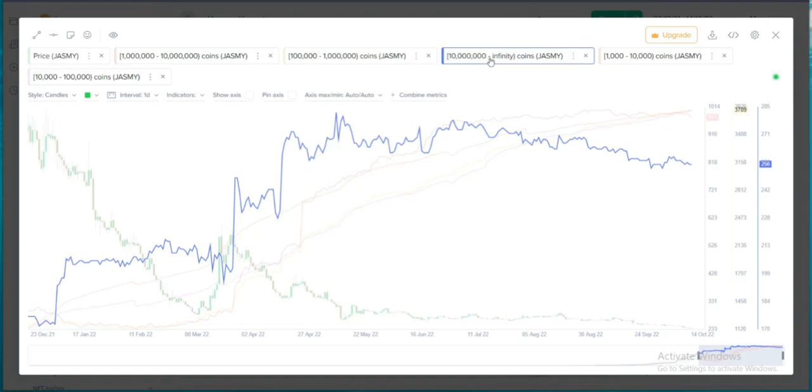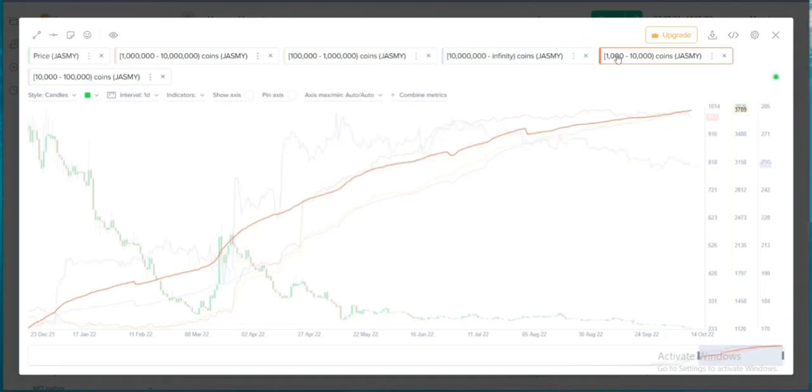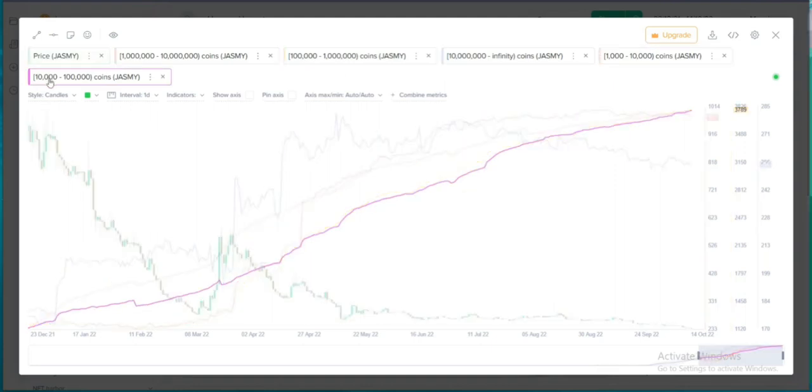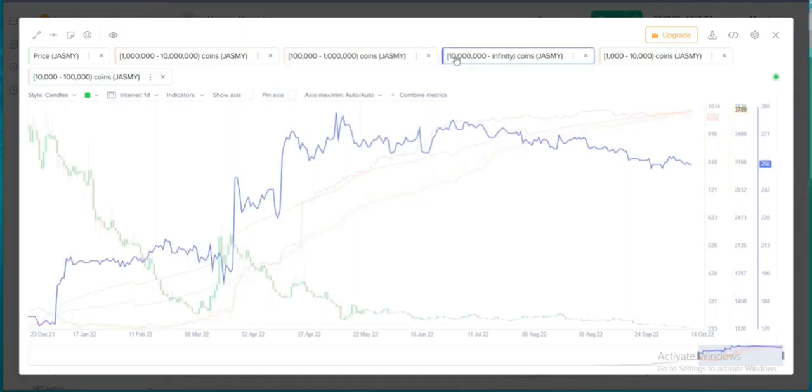We'll also look at that later in this video. Then this group right here owns 1,000 to 10,000 Jasmy, which is nothing really. This one is 10,000 up until 100,000 Jasmy coins, and they have been accumulating. So yeah, the retail investors have been accumulating Jasmy, but this group has been selling Jasmy over time.